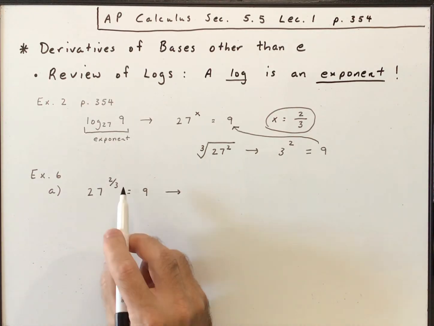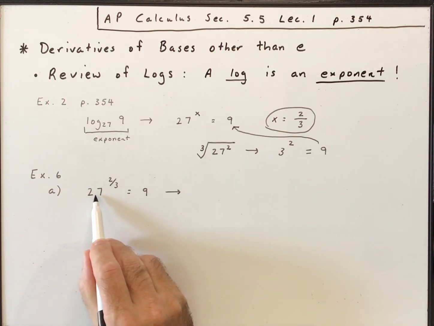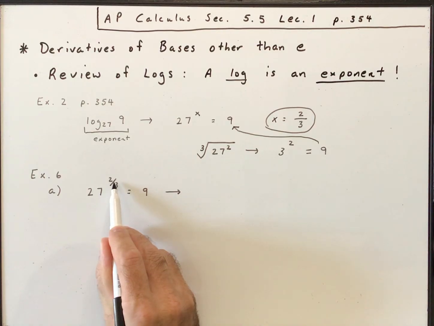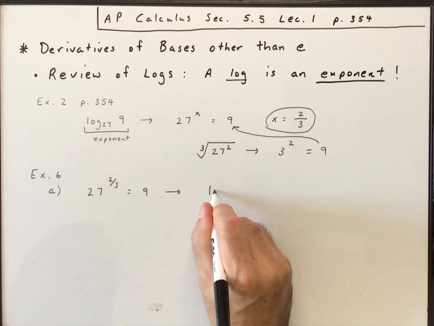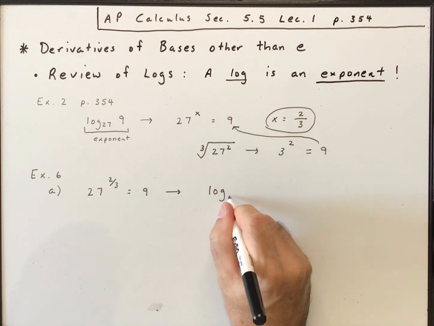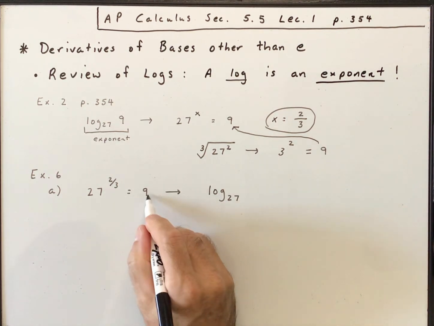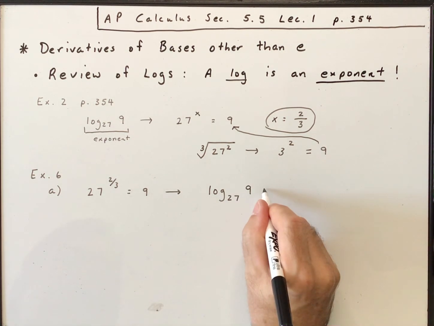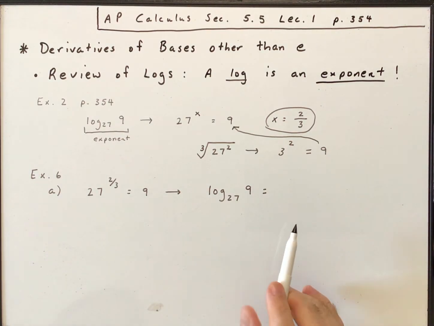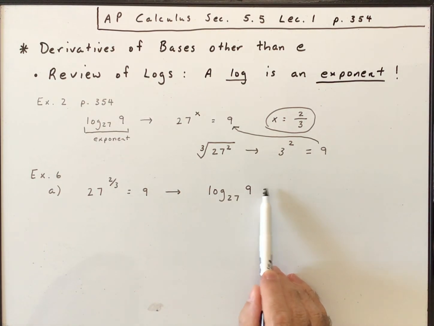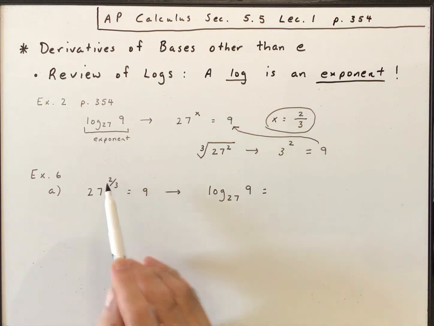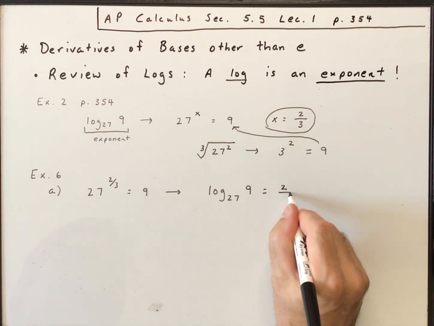The base is 27 because that's what the exponent is connected to. So this is going to be log base 27 of 9, and the number that's by itself with the equal sign is the exponent, 2/3, because that's the answer.